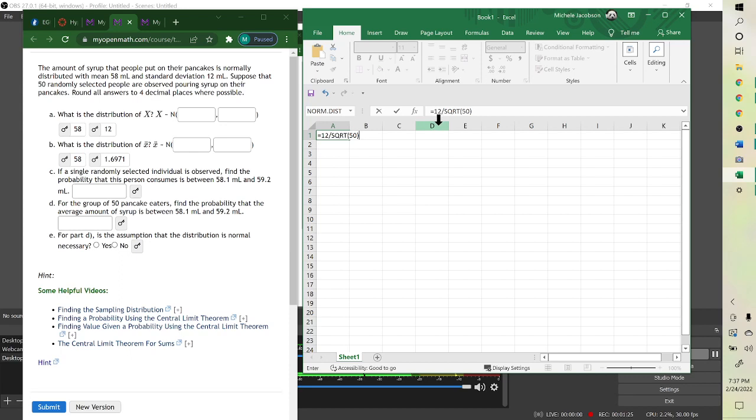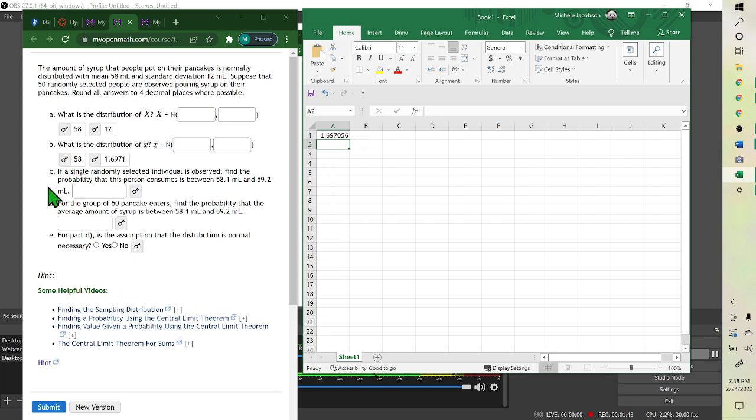So it's your standard deviation divided by the square root of 50, because that's our sample size. And we round to 4 decimal places, 1.6971.